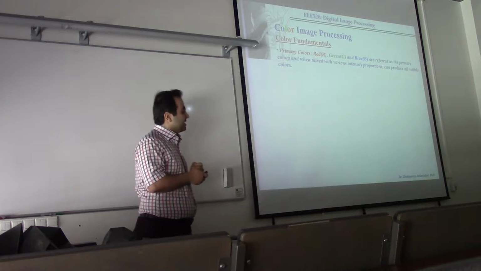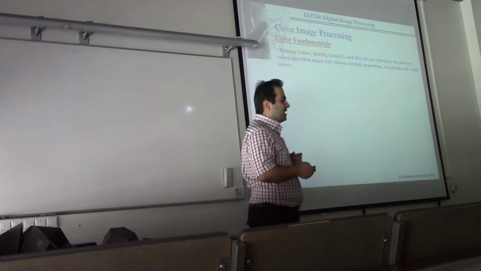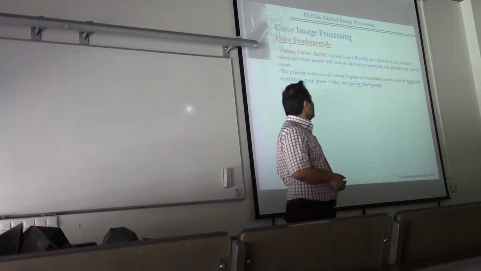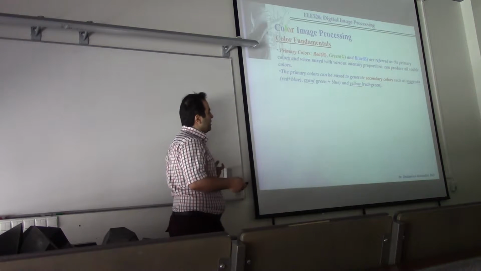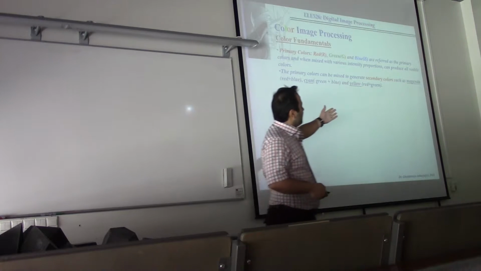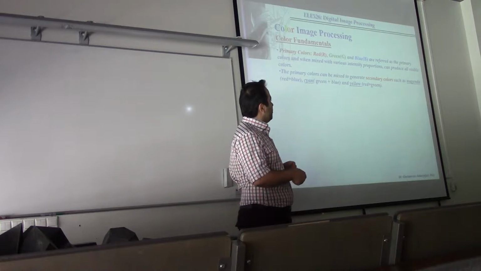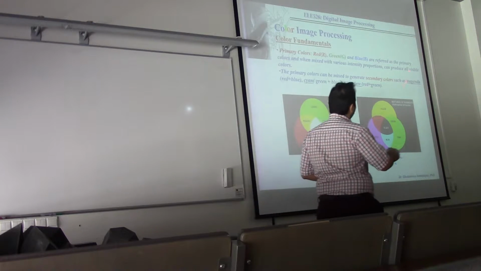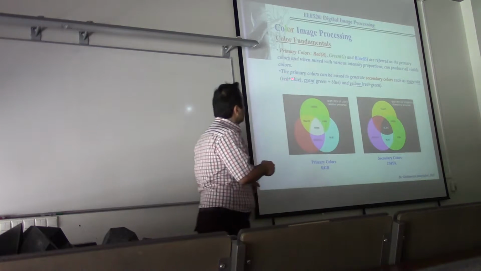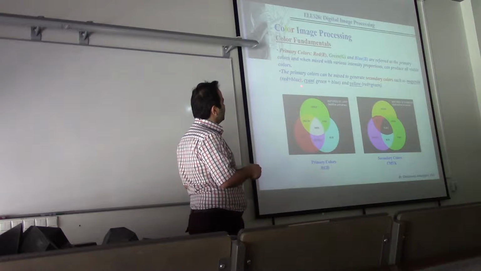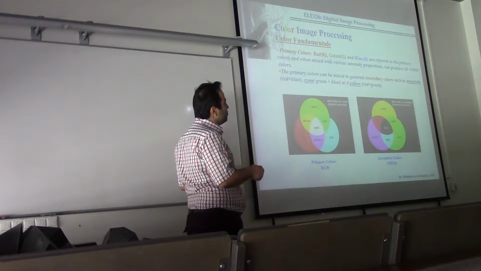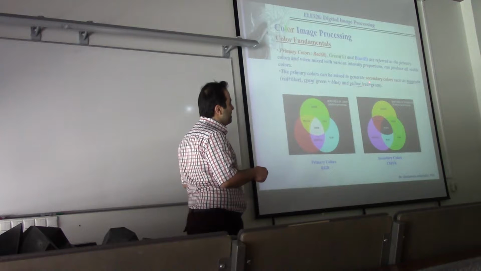If we mix these colors, we can generate the secondary colors, such as magenta, cyan, and yellow. Magenta is the mix of red and blue, cyan is a mix of green and blue, and yellow is the mix of red and green.